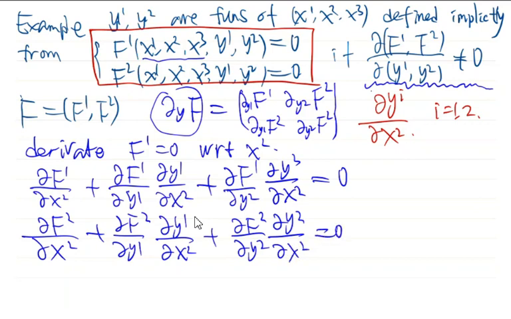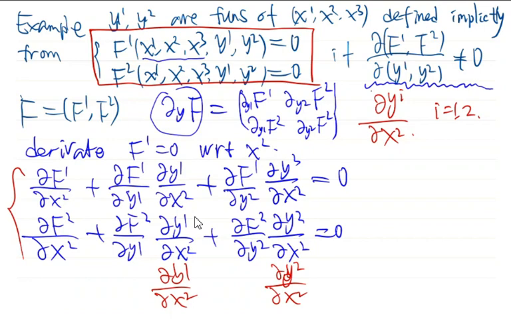This is 0. So this is a system of linear equations, two equations and two unknowns. The two unknowns are dy1/dx2 and dy2/dx2. So solving this system of equations for dy1/dx2 and dy2/dx2, we can obtain the result.